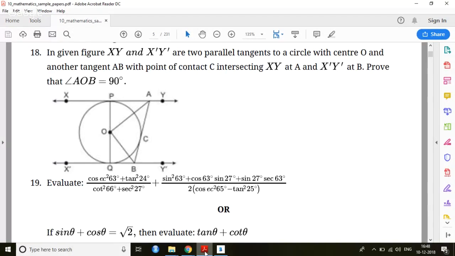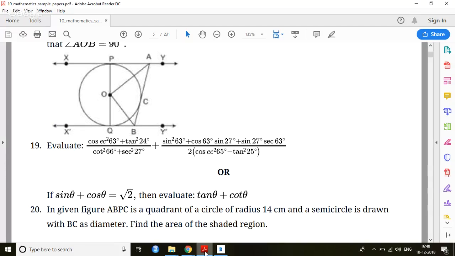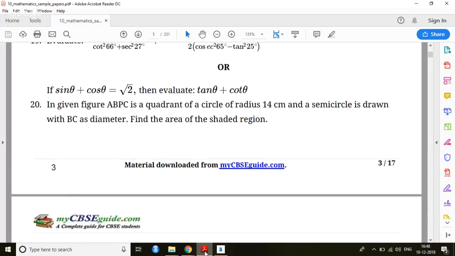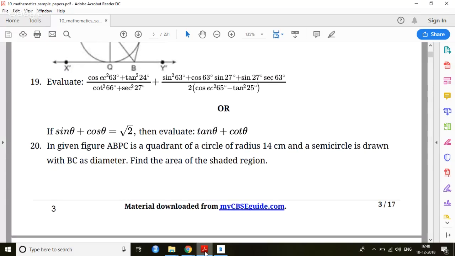Okay, question number 18 I have put. This is question number 19. This is question number 20. So first I'll show you question number 19. If you want to write it down, write it down. Then I'll go to question number 20. Question number 20 is on 2 pages.